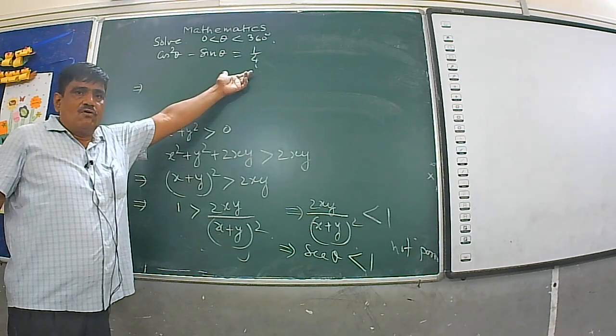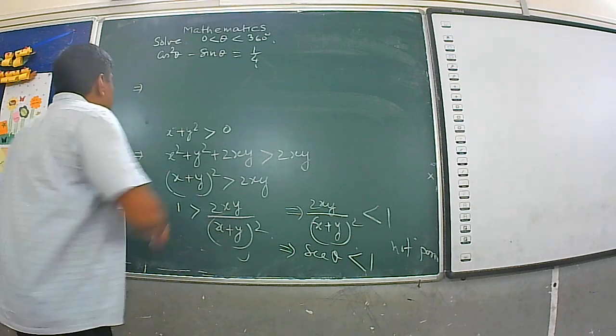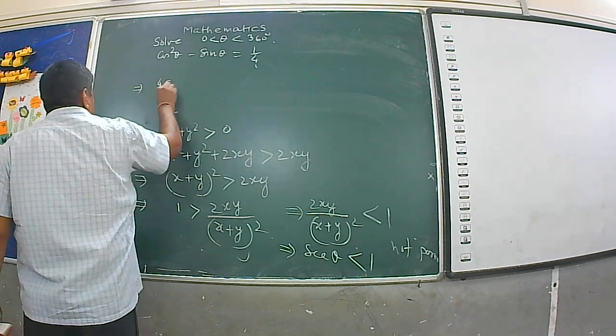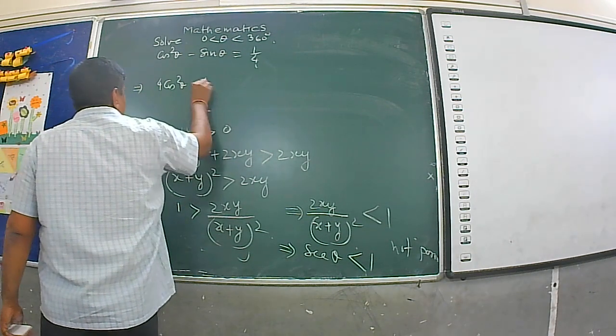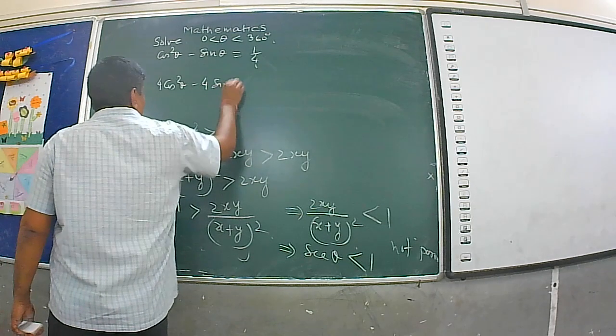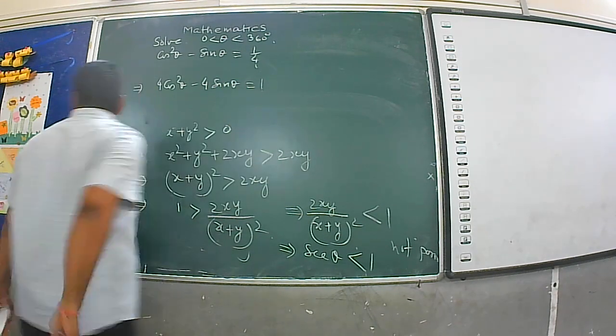Multiply by 4 on both sides, we get 4 cos square theta minus 4 sin theta is equal to 1.